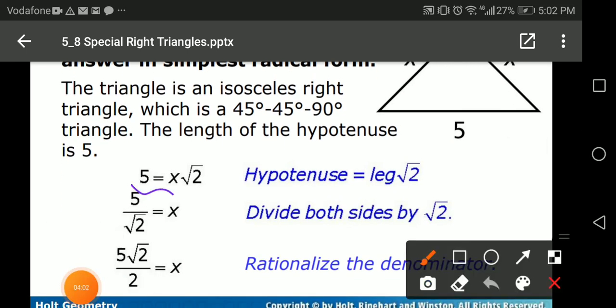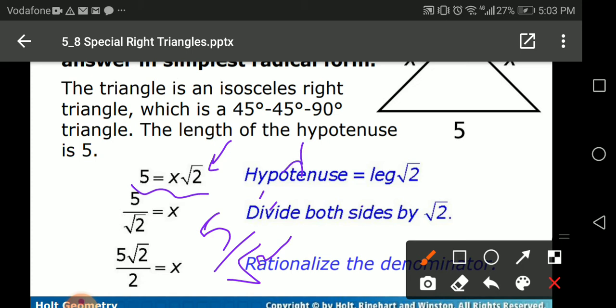So we have 5 equals x square root 2. To get rid of the square root, what should I do? The square root 2 is the coefficient of x, so I'm going to divide both sides by square root 2. Then x will be alone.